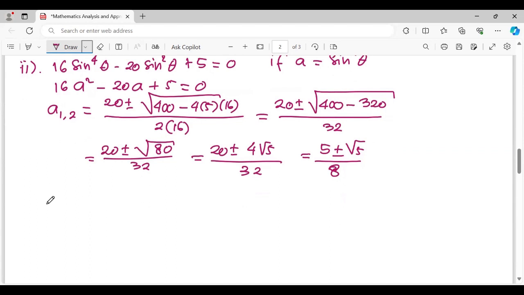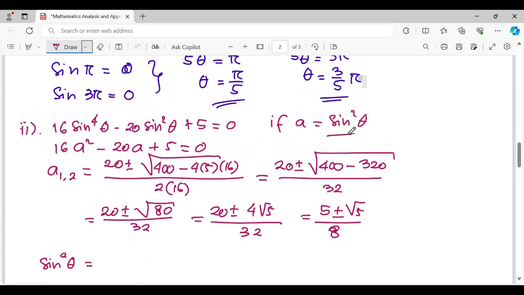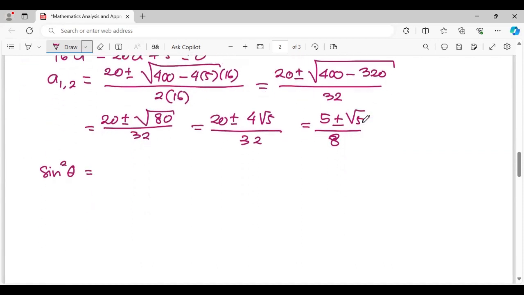So it means, recall that A equals sine squared theta, so sine squared 3 pi over 5 is (5 plus square root 5) over 8.